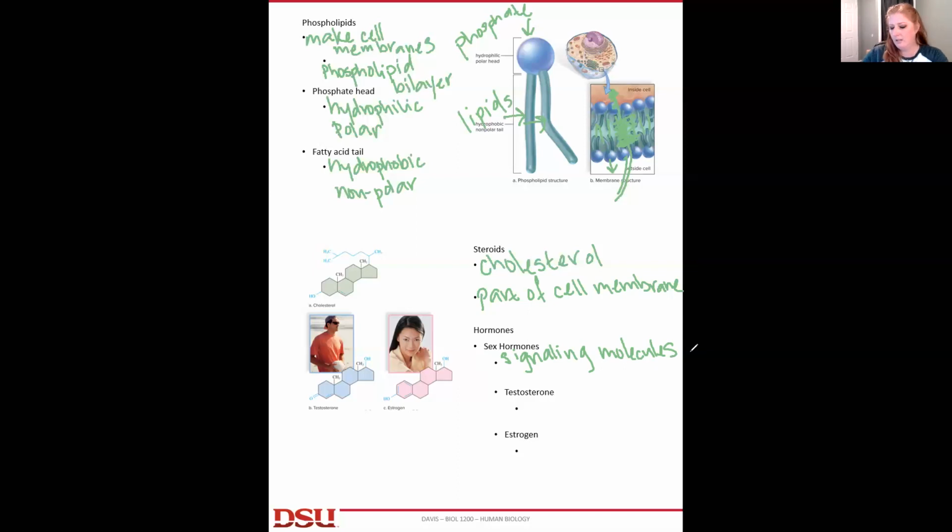There's stuff that's secreted by pituitary glands. We've got all kinds of different hormones, but again, examples are testosterone, which is the male sex hormone, and estrogen, the dominant or primary female sex hormone.